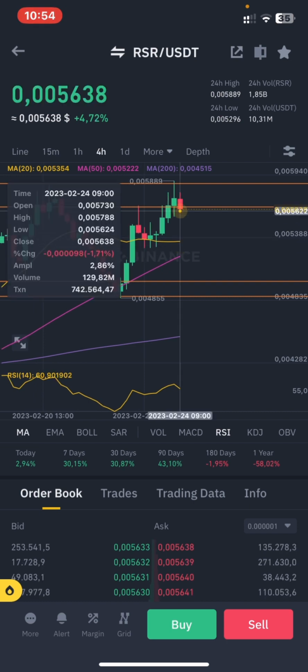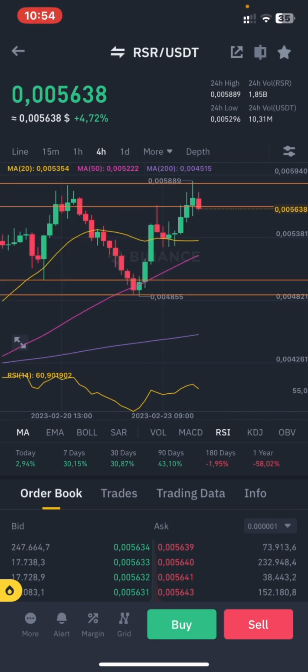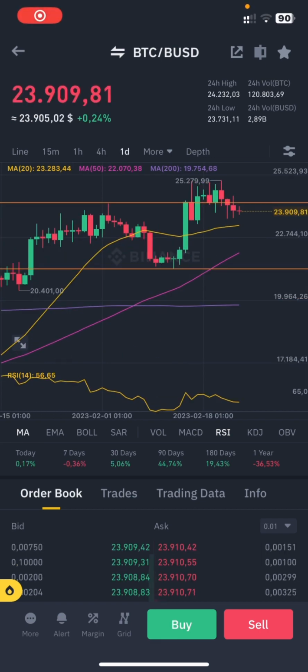If the price goes to this place again, this resistance, then I can still enter short, so the price can come over here immediately. And don't forget, you need to be checking Bitcoin and how Bitcoin is doing, because if Bitcoin moves upside, it can affect your trade. Then the crypto you are shorting is also going to go up.